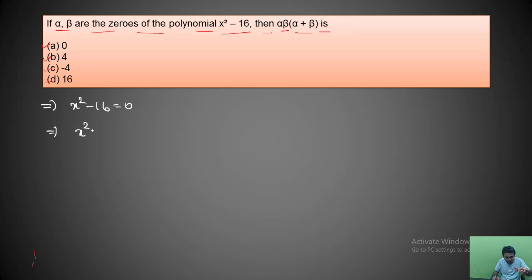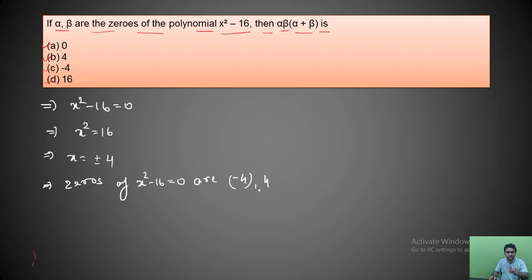I can say it is x square equal to 16, which gives me x is equal to plus or minus 4. In simple language, the zeros of x square minus 16 equal to 0 are minus 4 and 4, right? We have two zeros because it is a quadratic polynomial.